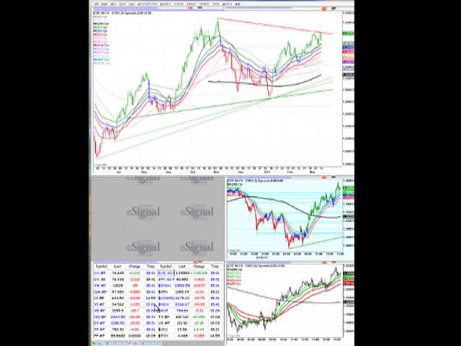So when I want to look at a trending market, here you can see a dominance of green candles, a little bit of blue, but for the most part it's all green, and the angle of my wave, the three moving averages, the green, the blue, the red, are heading up. And they seem to be supporting prices on pullbacks.